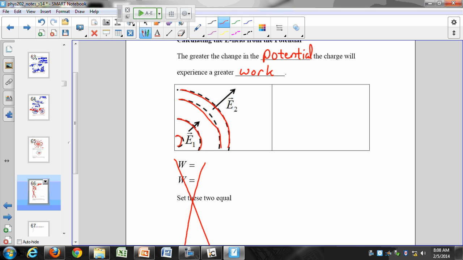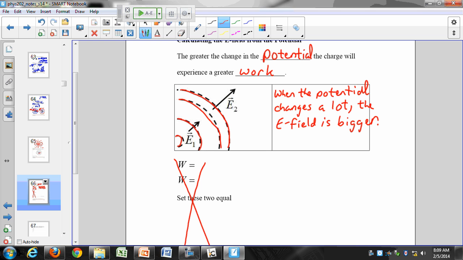So when the potential changes a lot, the electric field is bigger. That should sort of make sense to you, right?